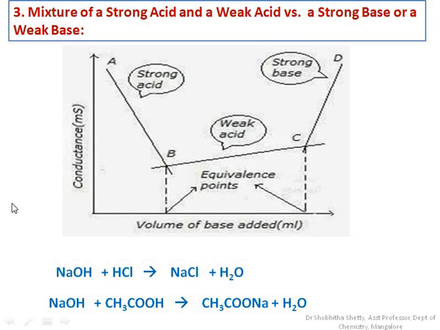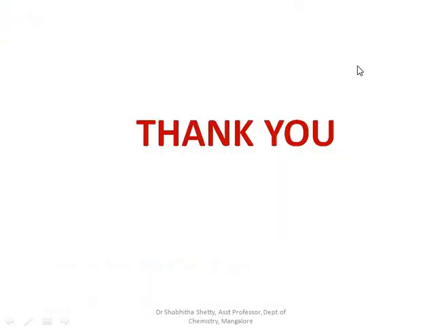So quantitatively we can determine the amount of HCl and the amount of acetic acid present in the mixture, and we can explain this titration by seeing the graph, how the product formed influences the nature of the conductance value. So with this we have discussed the concept of conductometric titration. Mainly it is applicable in acid base titrations as well as in redox titrations.